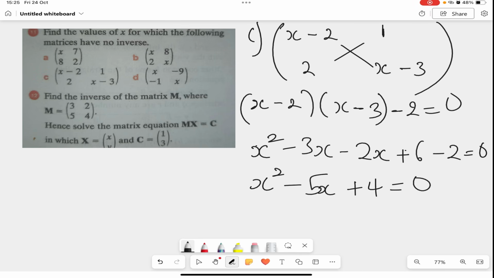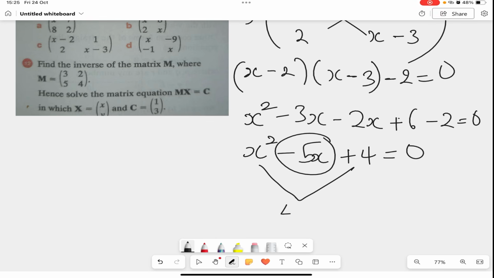As usual, solving the quadratic equation using the factorization method. We try to find two numbers that, if we add them, give us the middle number, and if we multiply them, give us the product of the first and last terms.